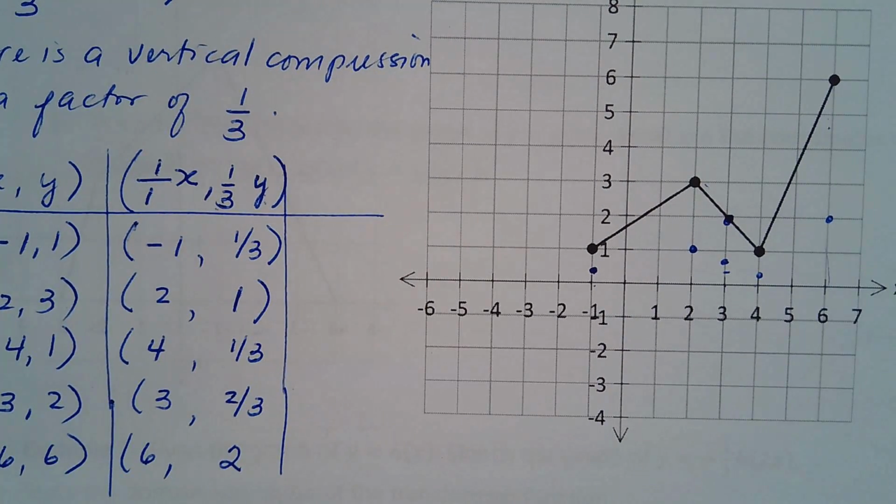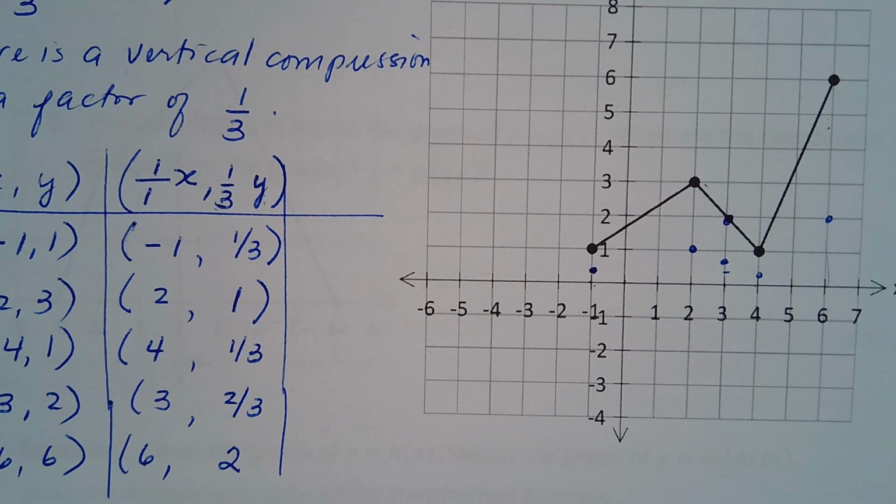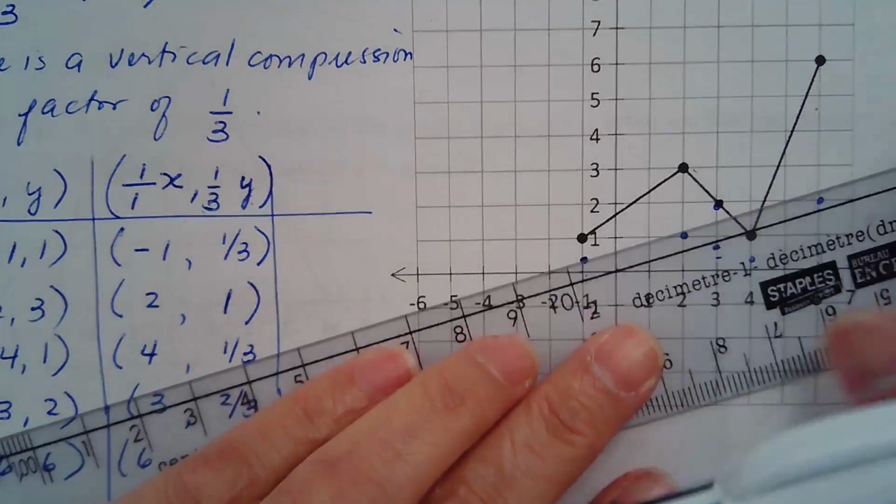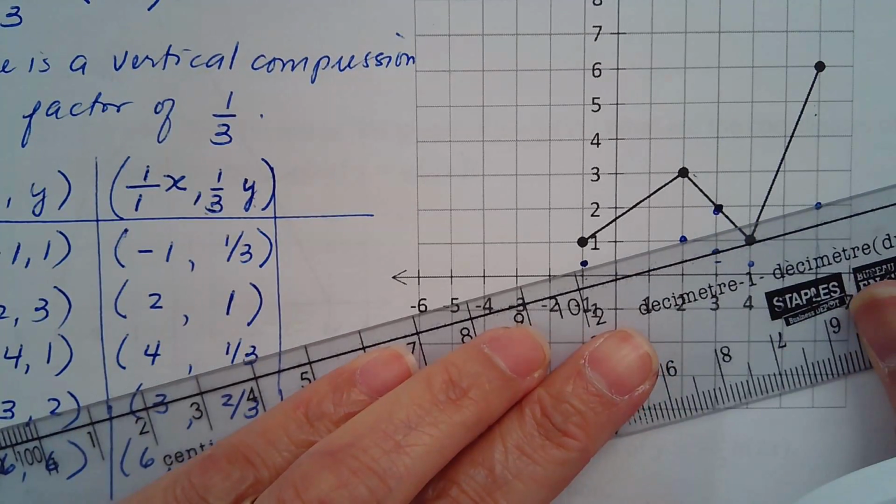So what does that picture look like? I'm going to use a ruler. If you need a ruler, I have some at the front. You can help yourself. I'll just put them over here. So now it looks like it got squished. It's compressed.